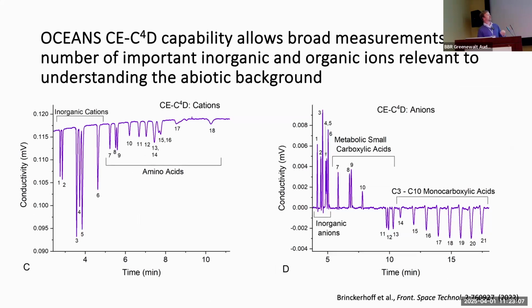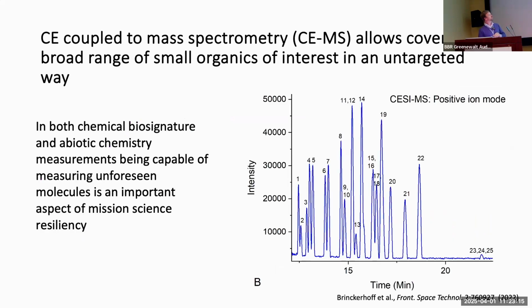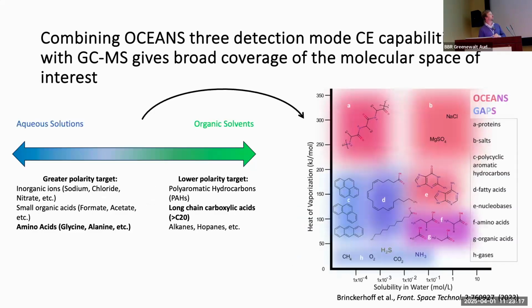Just some examples of what this data looks like. You get an electropherogram, and I think many people here have seen this. I won't go too far. Okay, so then the Emily concept was, how can we take as broad a range of these aqueous, soluble, or organic, and you can think of it in a slightly different chart sort of way.